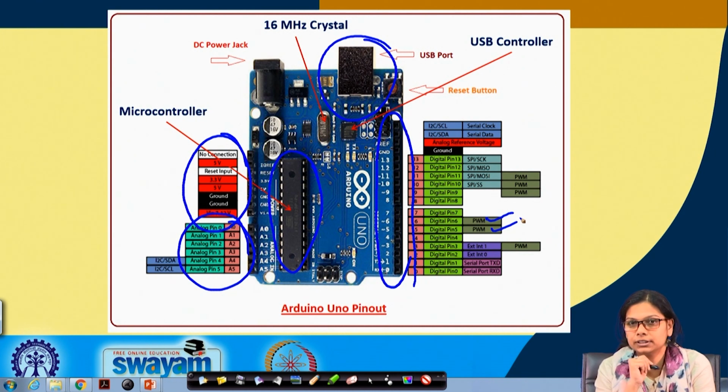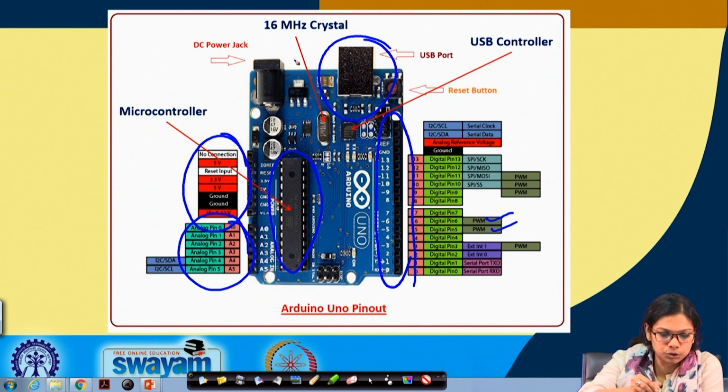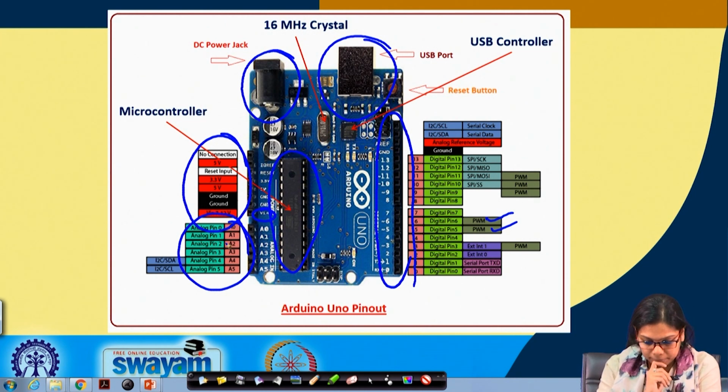We will look into this specifically, what PWM is, in due course, but this is all about the pins of this Arduino Uno. You can see there is also a DC power jack through which you can power this entire board, and as I told you, there is also a V-in through which it can be powered.